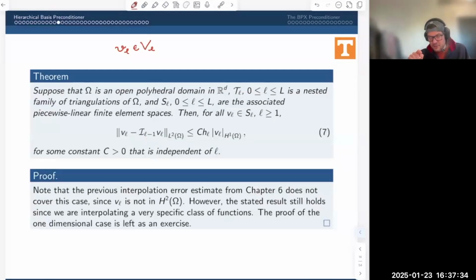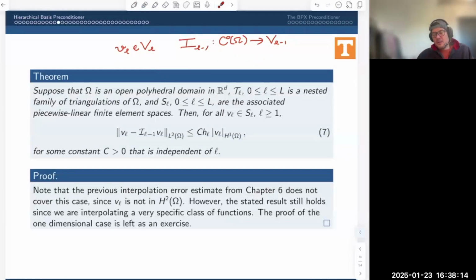Okay, that's a finite dimensional finite element space. What is the action of this interpolant going to L minus 1? Well, that takes any function which is continuous, so it's a C0 on the space, and that's going to push it down by interpolation to the space VL minus 1. So that means when I apply this interpolant to this function, it pushes it from this space just down to the next coarser space below.